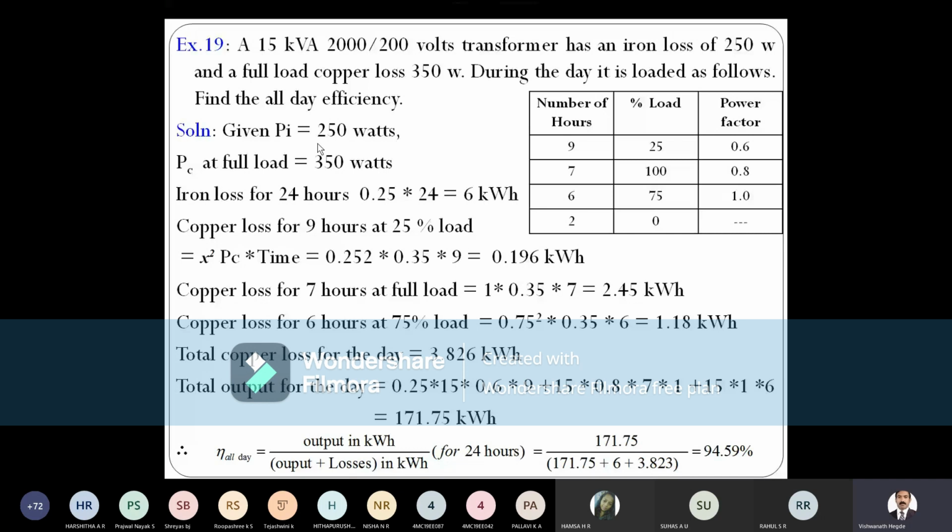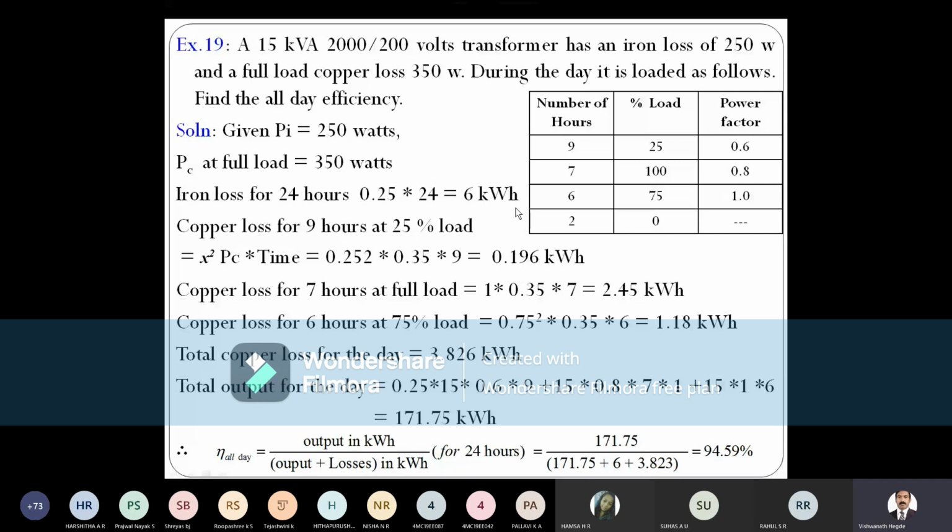Hence, we can find out the iron loss for 24 hours. That is the loss in terms of energy for 24 hours. That is 250 watts, that is 0.25 kilowatts into 24, which is 6 kilowatt hour.